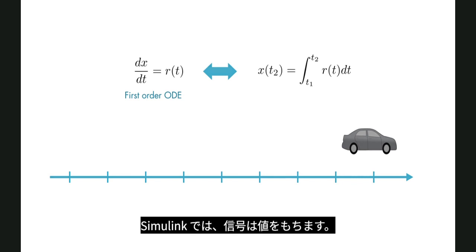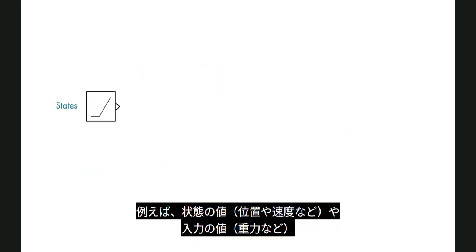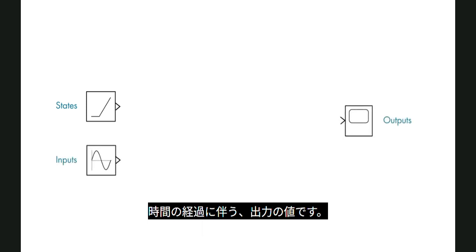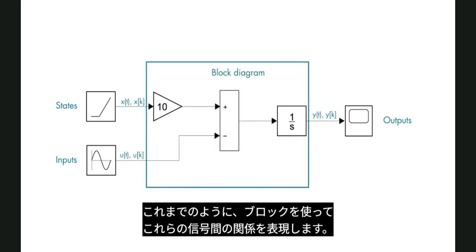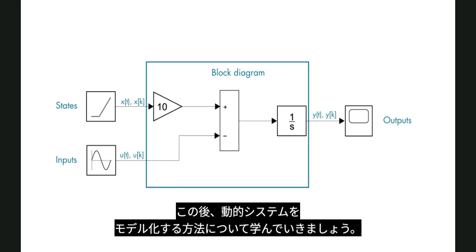In Simulink, signals carry the values of states, like position or velocity, inputs, like gravity, and outputs over time. As always, blocks allow us to express the relationships between these signals. In the next lessons, we'll learn how to express the relationships to model dynamic systems.